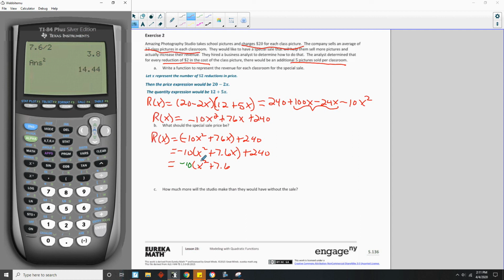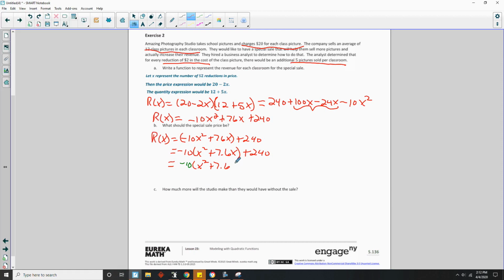You get 14.44. Or we could just do it this way, since it's a weird number. Plus, it was the 3.8, half of this. So let's just do it like this, 3.8 squared, because it's a weird number. And then at the end, it's going to be plus 240.